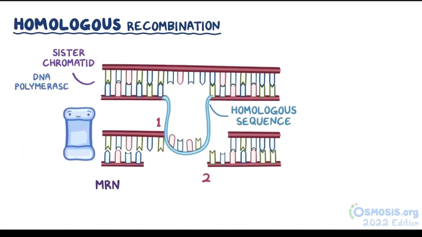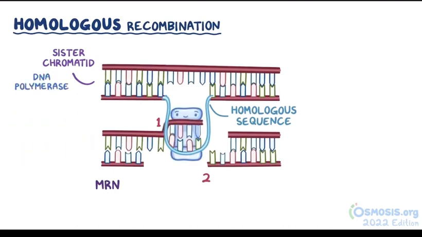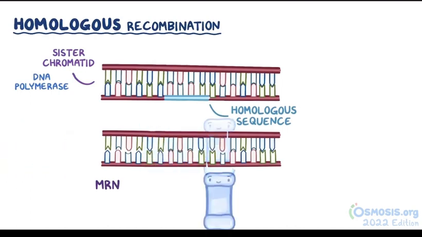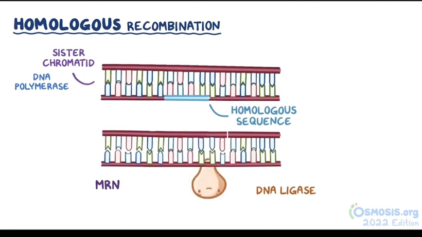Then a DNA polymerase synthesizes nucleotides to extend end 1 until it reaches a sequence that's complementary to end 2. Then end 1 releases the homologous DNA and its last few nucleotides bind to the last nucleotides of end 2. Finally, DNA polymerase fills the gaps on both sides of the union, and DNA ligase seals the bond.